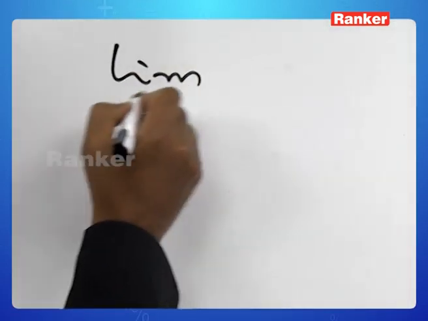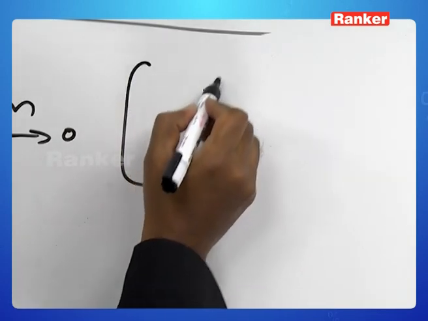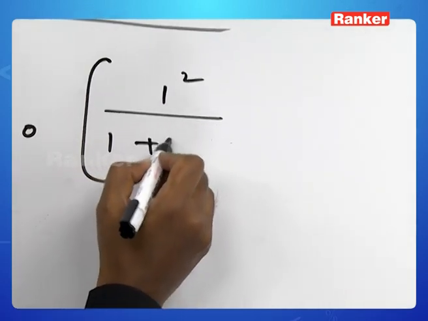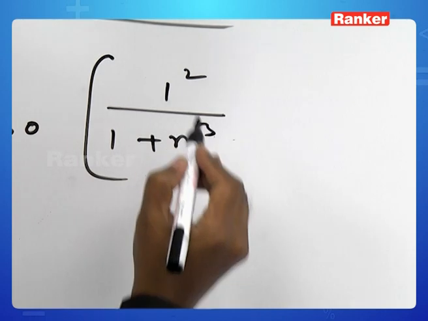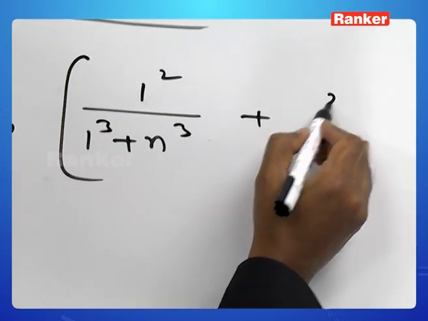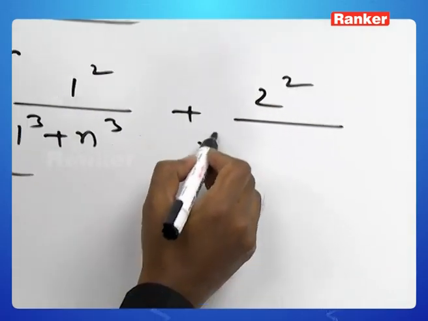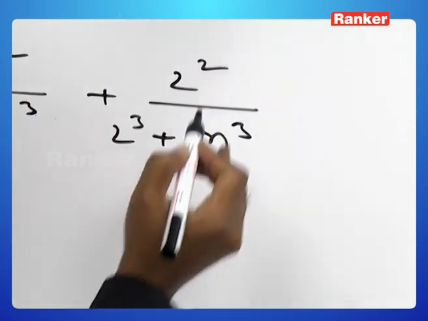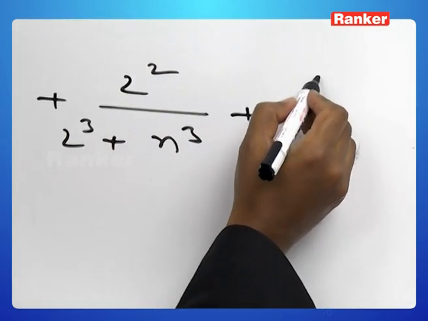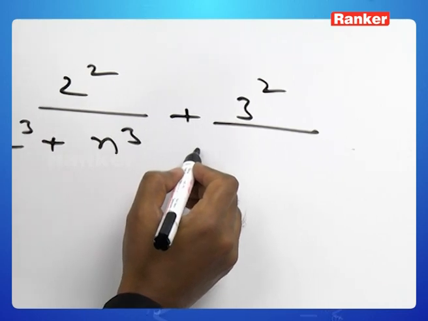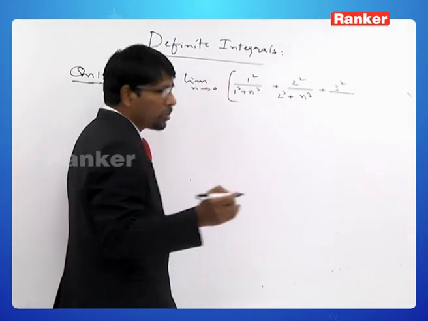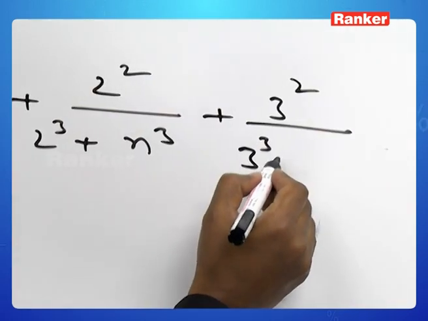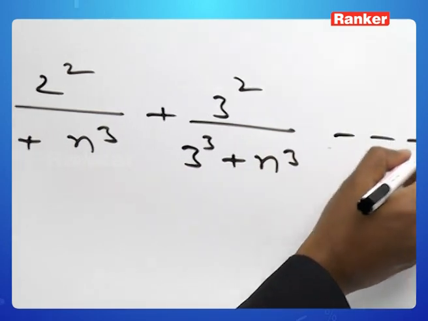Limit n tends to infinity, 1 square by 1 plus n cube. You can write this as 1 square by 1 cube plus n cube, then 2 square by 2 cube plus n cube, and we have 9, which we can write as 3 square, and in the denominator we have 27 plus n cube, which I can write as 3 cube plus n cube, and so on and so forth.